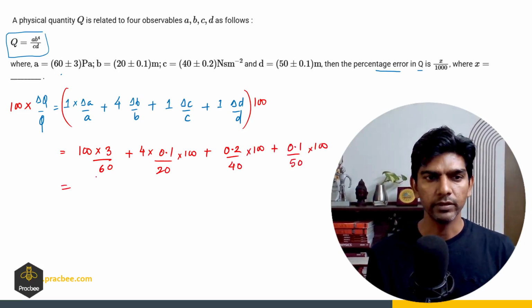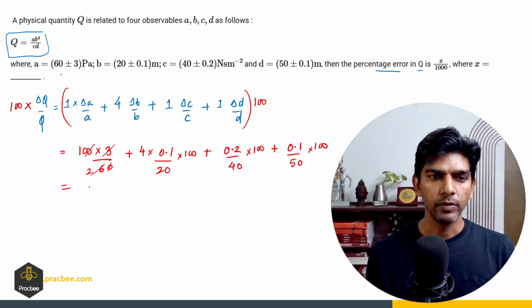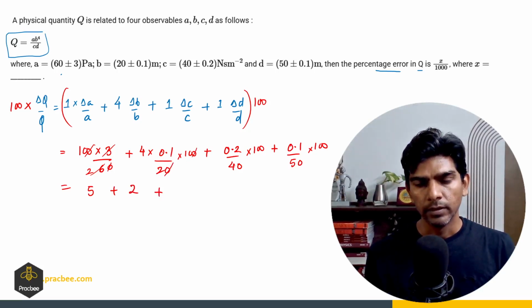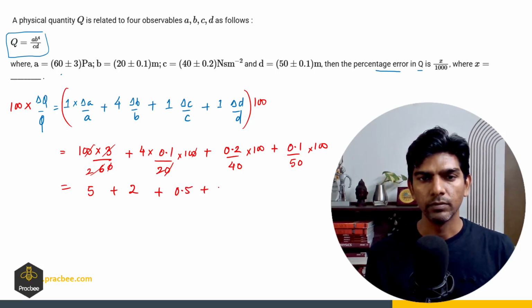So let us simplify this. It will be 5, this will be 2, and 20, so that will be 0.5, and this will be 10, 1 by 5.